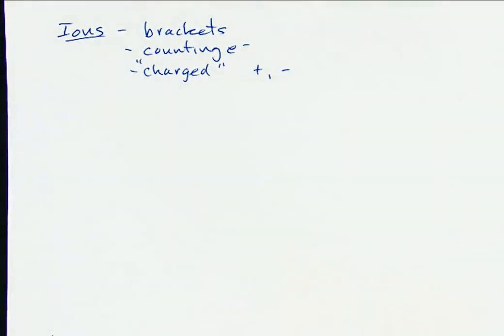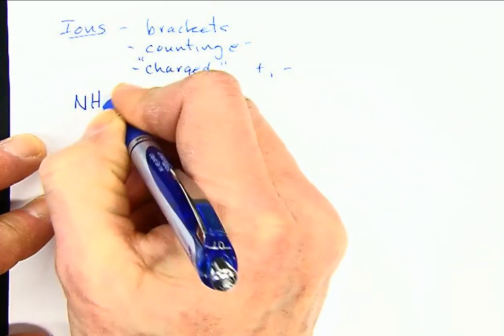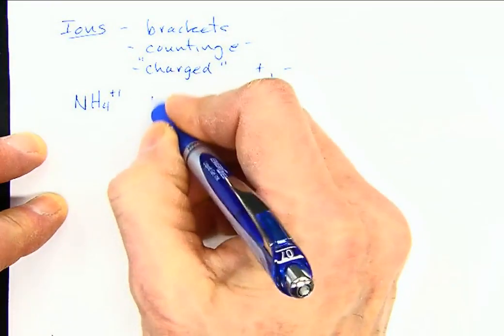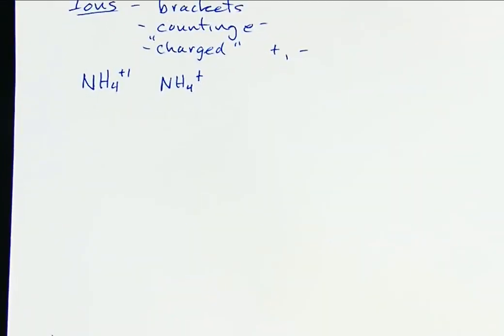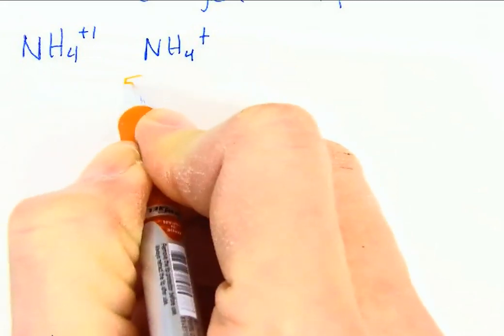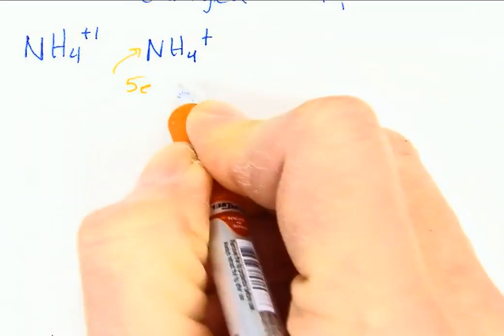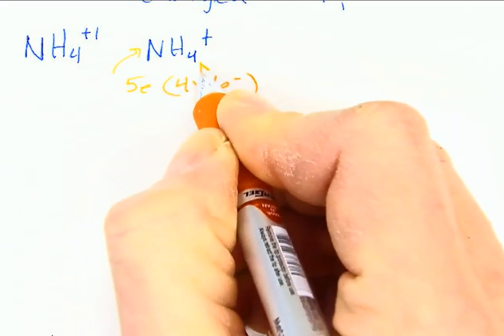All right, so what do we do with charged particles? Let's start with a simple example of NH4+, the ammonium ion, NH4 plus 1. How do we do this? Well, when we count them again, we have 5 electrons for nitrogen, and 4 times 1 for the hydrogen.